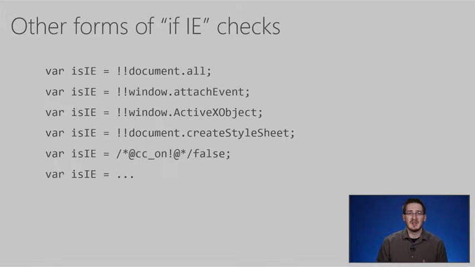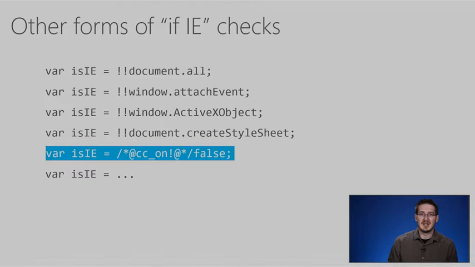In the case of IE, these can range from things like document.all to window.attachEvent. Some of these checks are particularly creative. One of my favorites is the use of the conditional compilation feature to take a false value and convert it to true right before it gets assigned to a variable, so that in versions of IE that support conditional compilation, that is IE variable gets set to true.